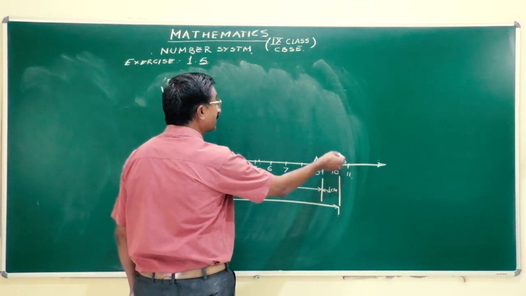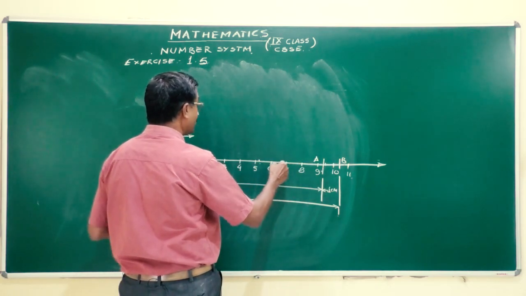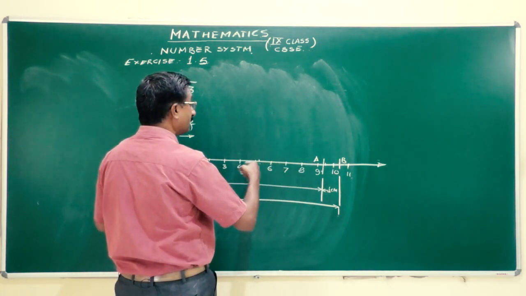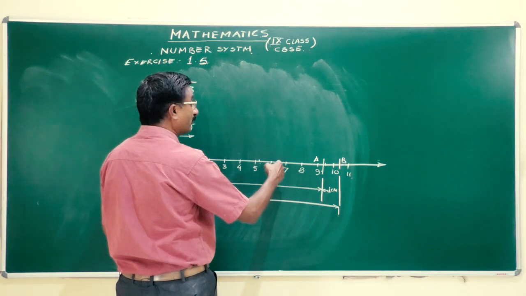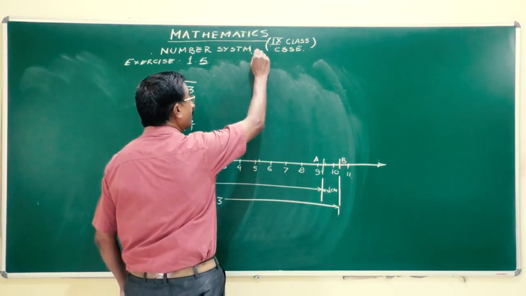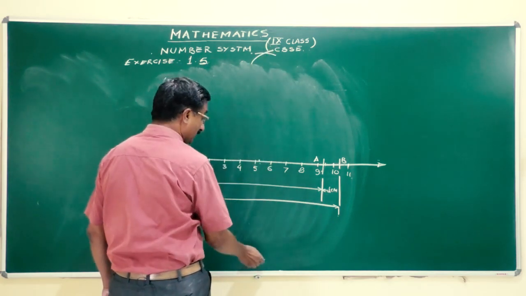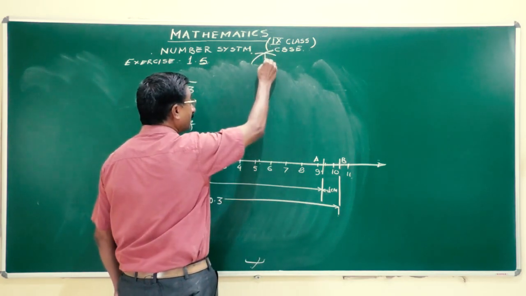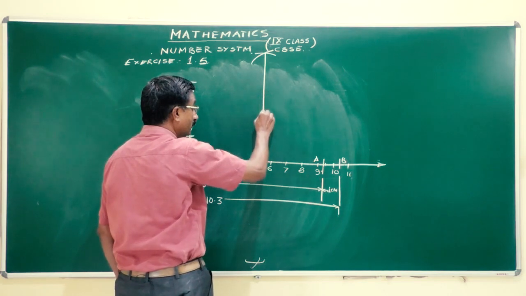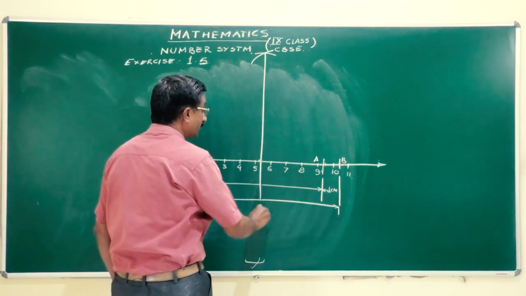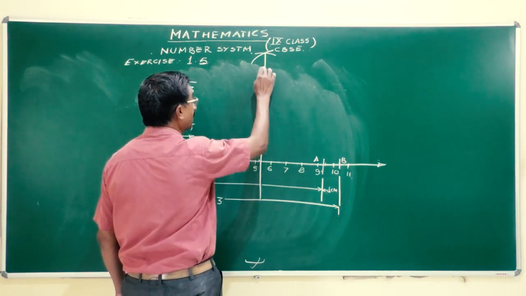And how to bisect this value? Using the compass, stretch it more than half, mark the arc on both the sides and then cut it. So join it, and you will get the center.